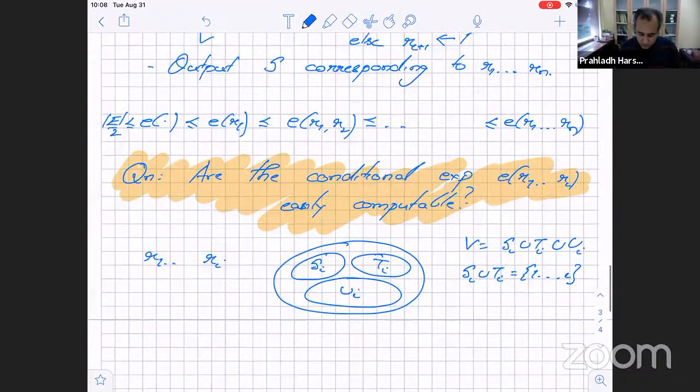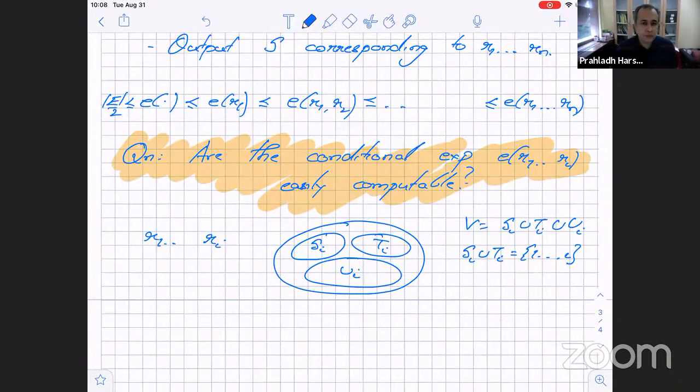Okay. So do you mean the union is R1 up to Ri? R1 up to Ri for me refer to random points. 1 to i refer to the vertices. So once I set the vertices, I'm going to say Si is the set of all j less than or equal to i such that Rj is 1.